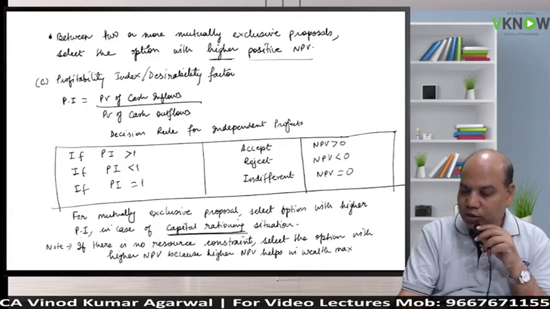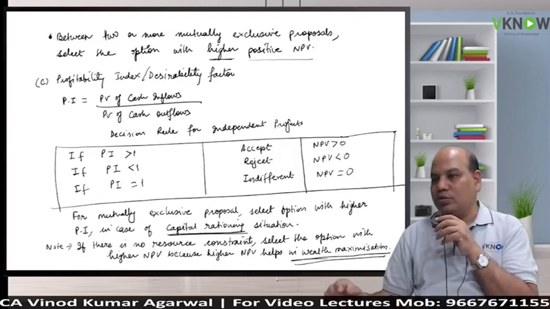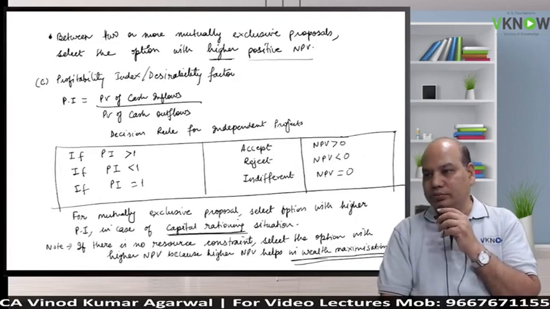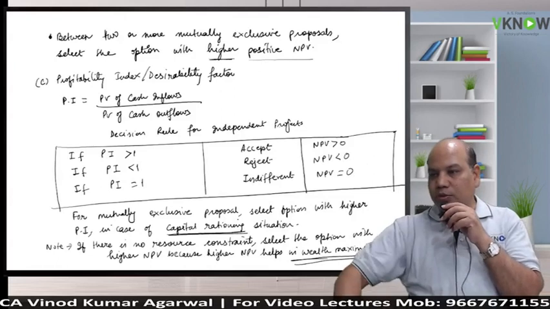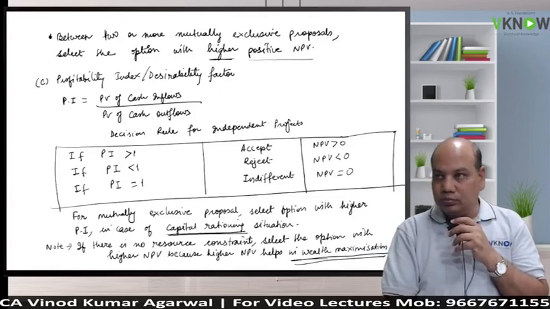So when there is no limitation on funds, why not put money where it gives me more surplus, more wealth maximization. Okay. So this is about profitability index. Any query?